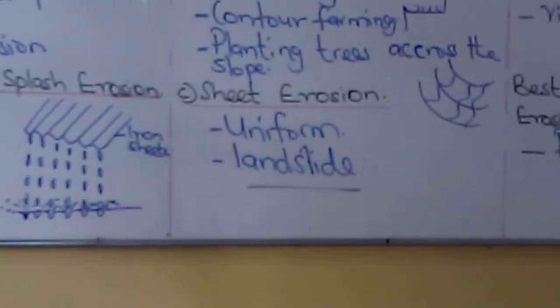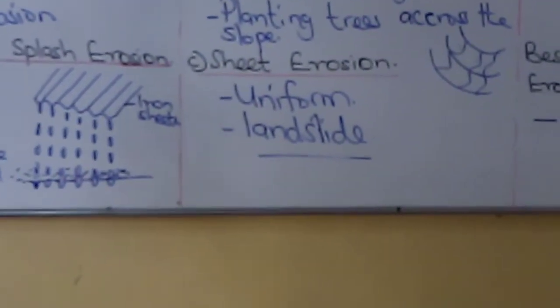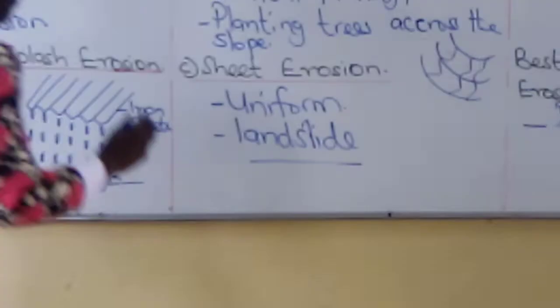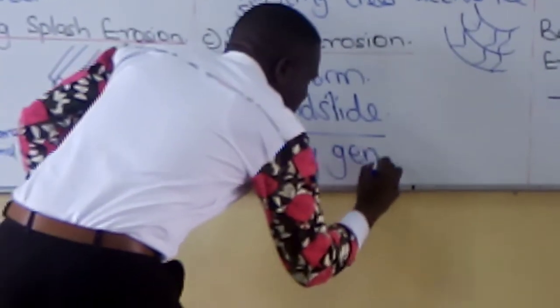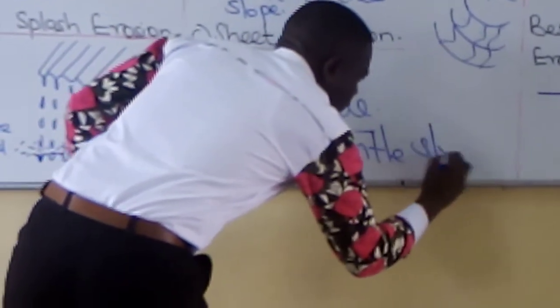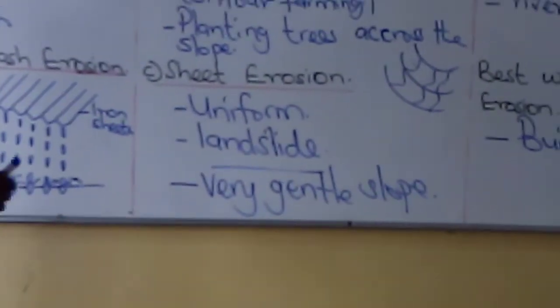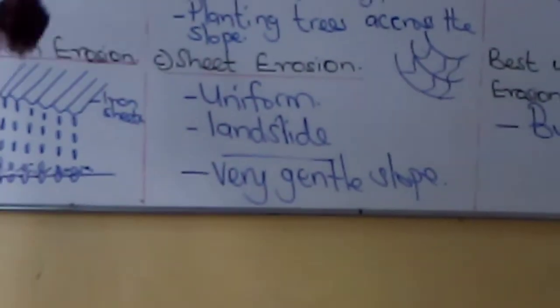How do we notice that there's sheet erosion happening in this place? Remember, it's on a very gentle slope, and so you might not notice that there is erosion taking place.